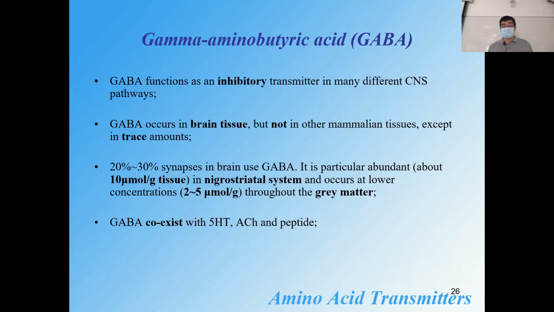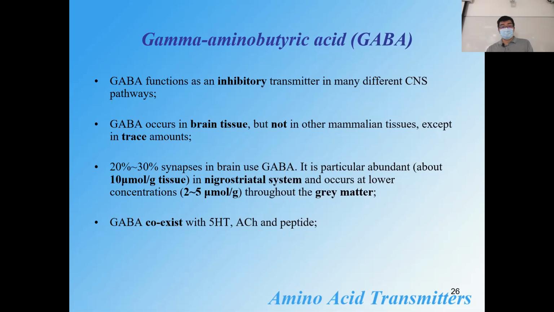One of the very important drug classes, the so-called anxiolytic drugs, acts on GABA neurotransmission. GABA occurs in the brain tissue, but not in other mammalian tissues except in trace amounts. Around 20 to 30% of the synapses in the brain use GABA.